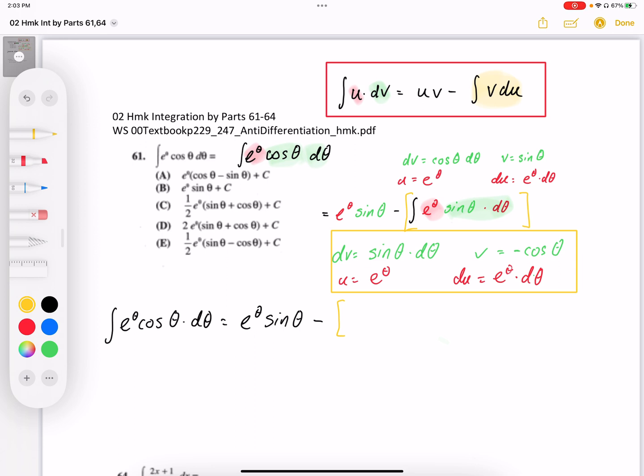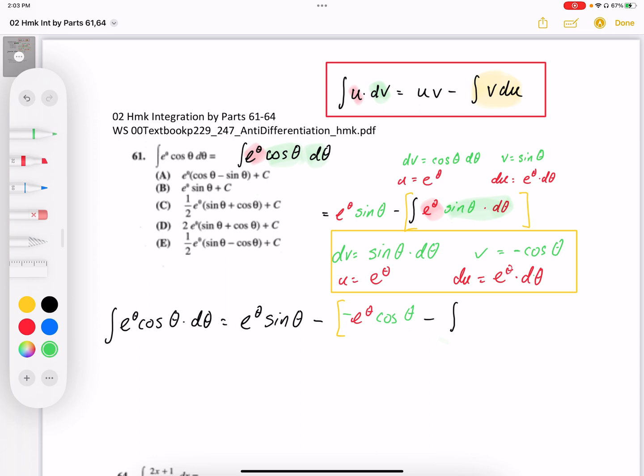So I get uv, e^θ times negative cosine θ, which is going to end up being plus e^θ cosine θ, minus the integral of v du.